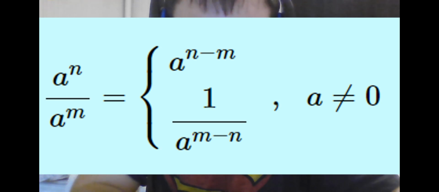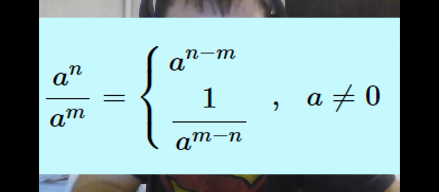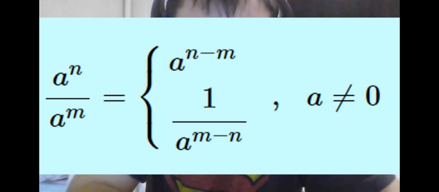We remember from arithmetic patterns that 0 can be derived as a number minus itself, so it should follow that a raised to the power of 0 can be rewritten as a to the power of n minus n, which by properties of exponents is a to the power of n over a to the power of n. We see, since the numerator and denominator are exactly equal to each other, the result must be 1 by properties of division, so we conclude in short a to the power of 0 equals 1.